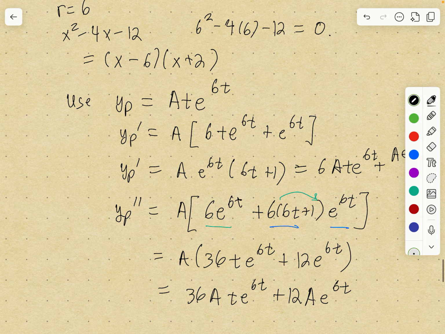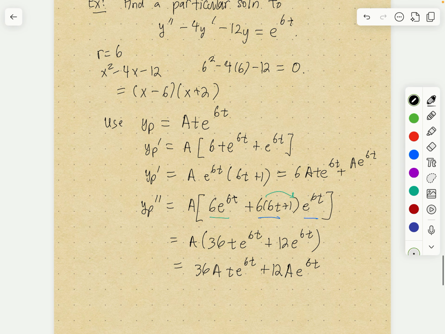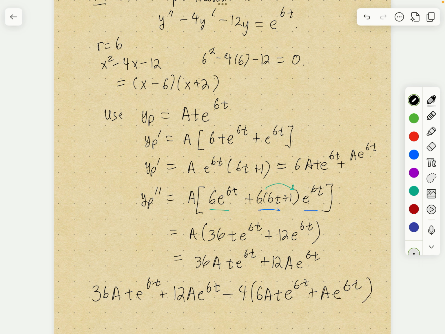Okay? So now we plug all these things into the left-hand side. So I'm going to get, second derivative is 36a t e to the 6t plus 12a e to the 6t minus 4 times 6a t e to the 6t plus a e to the 6t minus 12 times a t e to the 6t.